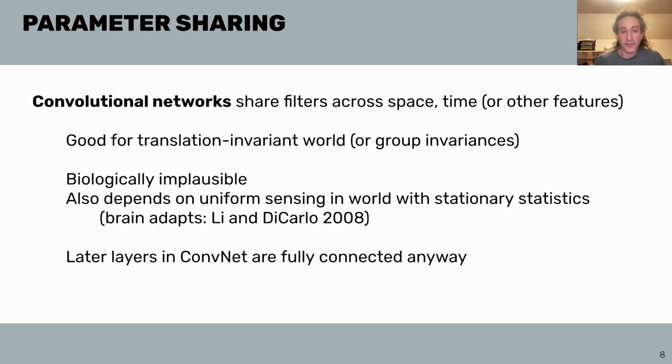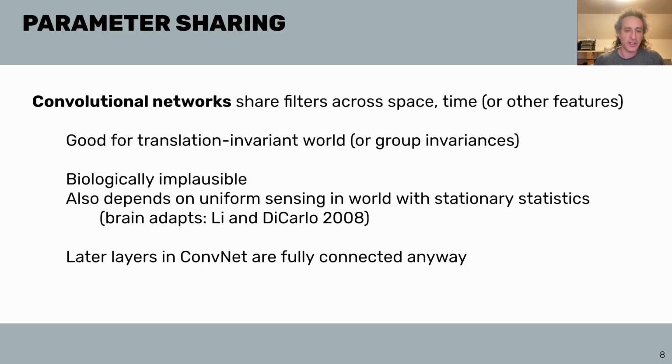And in fact, the brain does not do that because when you challenge the brain with a world that is not, in fact, translation invariant, if the statistics are no longer stationary, as Lee and DiCarlo showed in 2008, the brain adjusts and it no longer creates the same invariances that you would expect from translation invariance, but it actually learns to be sensitive to whatever thing is now consistent across space and time.